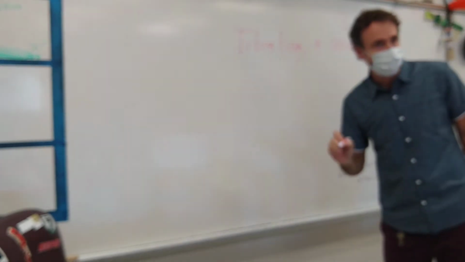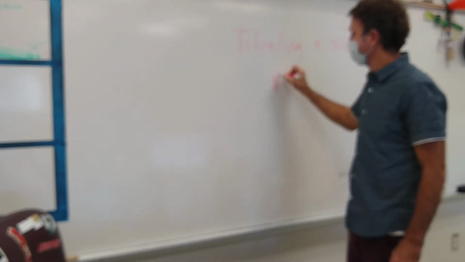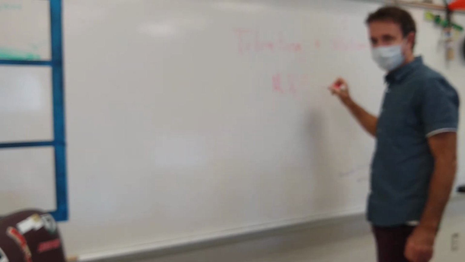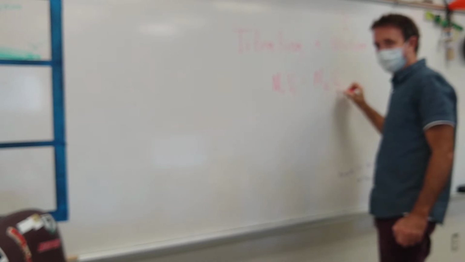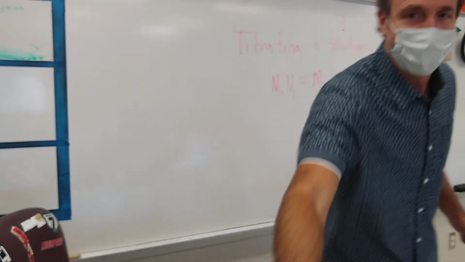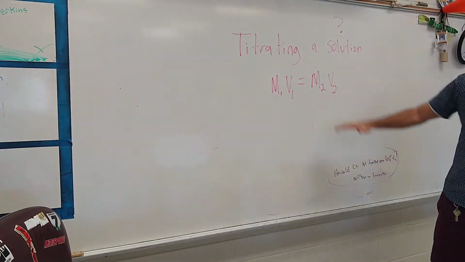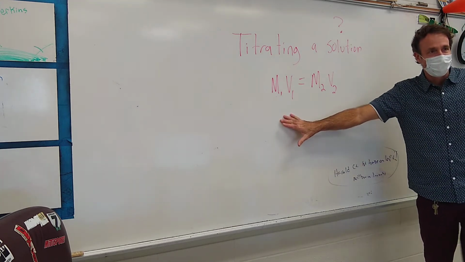And the formula is a formula you've already used. It's the dilution formula. M1V1 equals M2, you're missing it, Taylor, M2V2. So this is the formula that we're going to use here to titrate, all right?